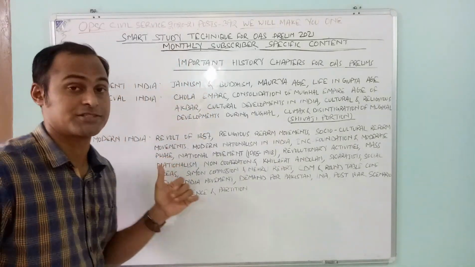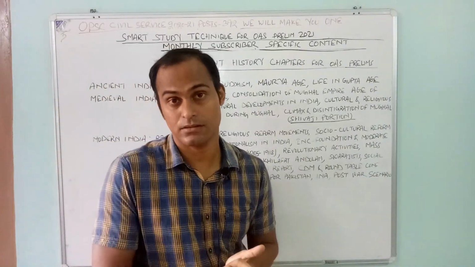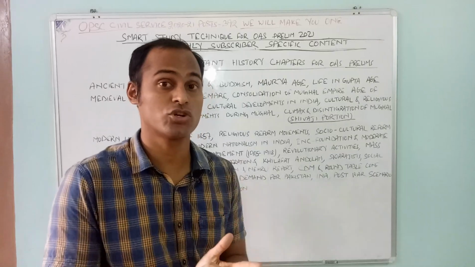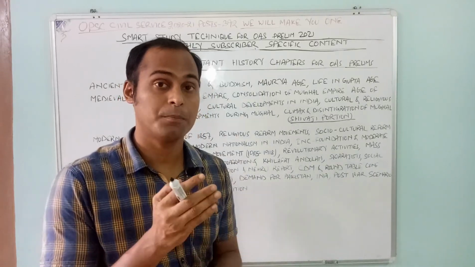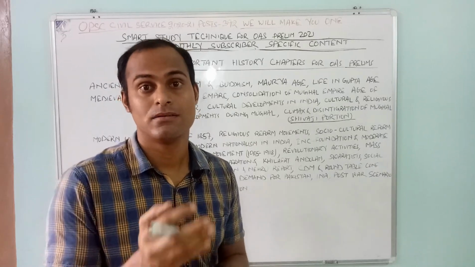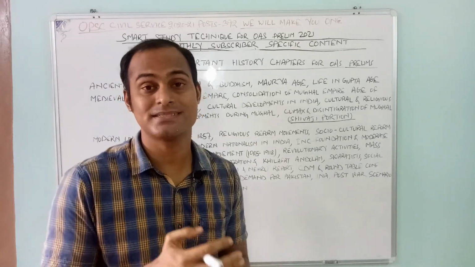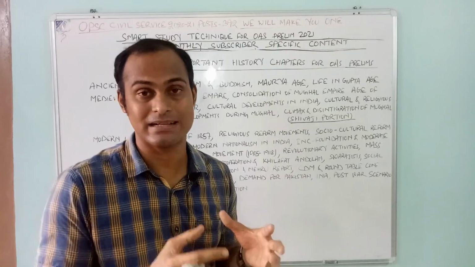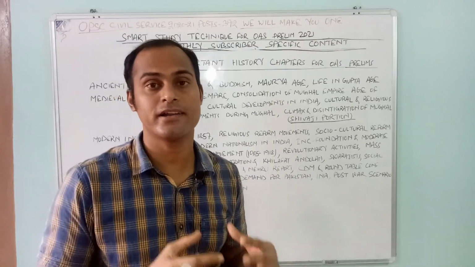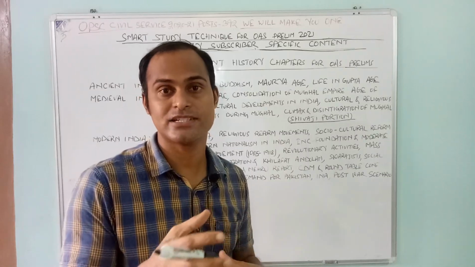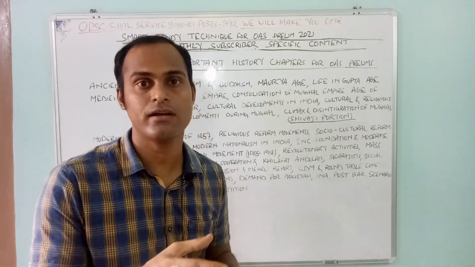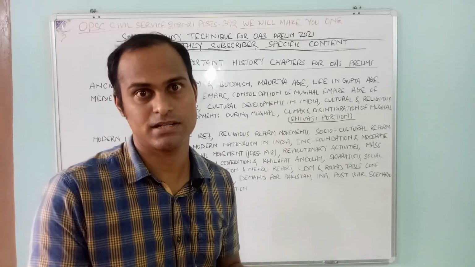Then the moderate phase, from 1885 to 1905. This is the phase of petition, prayer, and pleading. Petition, prayer, and pleading were the three instruments used by the moderates for grievance redressal. The grievances were to be redressed through this kind of effort by the Indian nationalists.